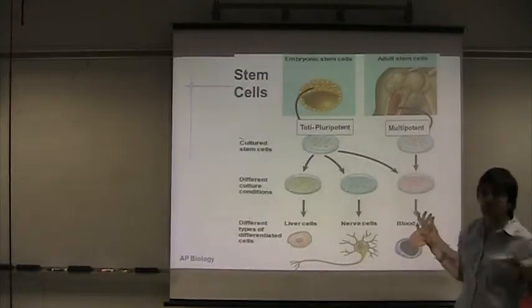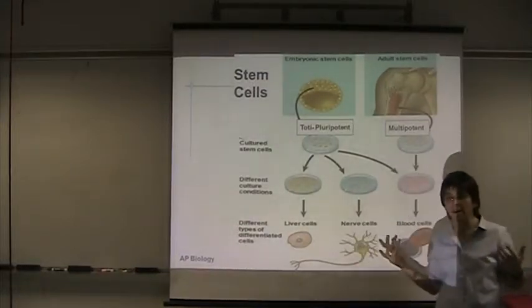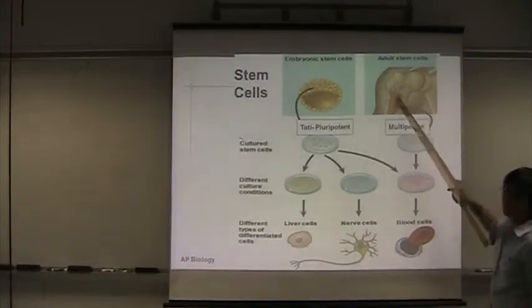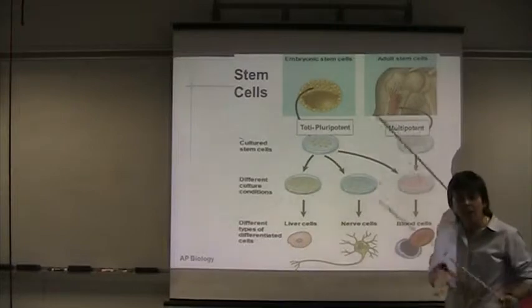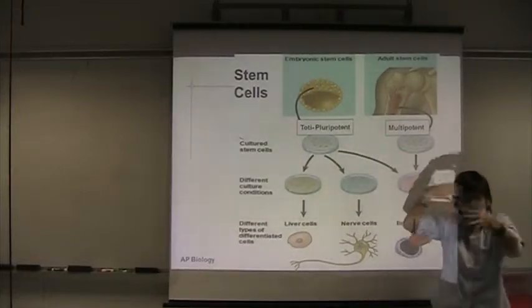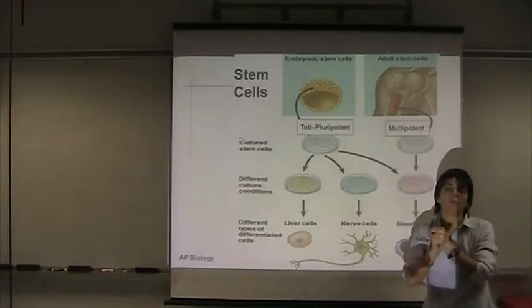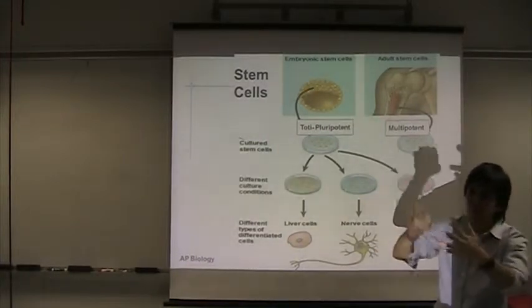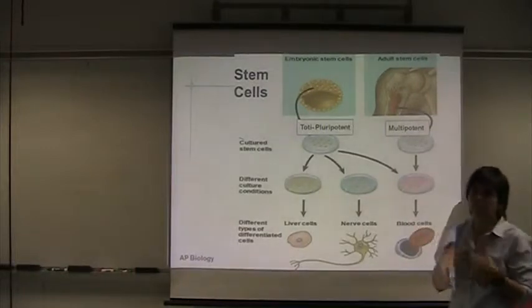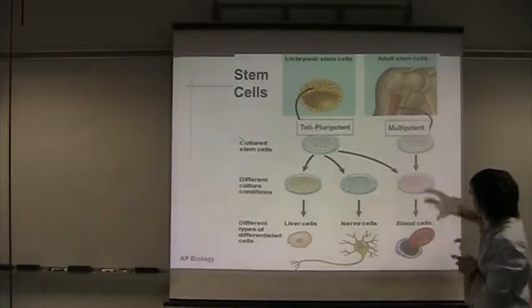For example, what type of adult stem cells do we have? We have adult stem cells in the bone marrow. These are the stem cells that have telomerase on and can divide, and they are the ones that produce red blood cells, white blood cells, and platelets, basically our blood cells.